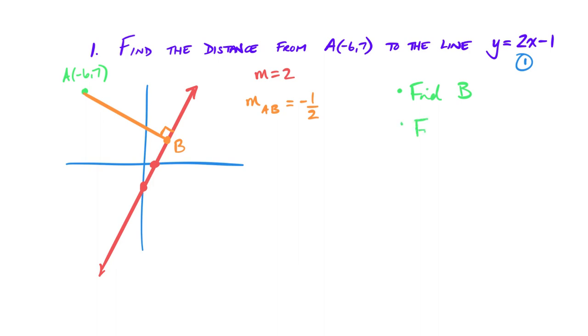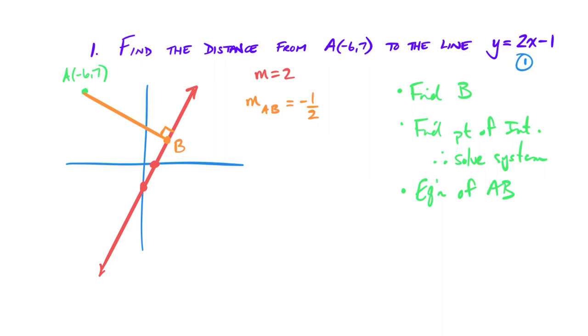That means I need to find a point of intersection. That means I need to solve a system. Well, for me to solve a system, that means I need my two equations, which means I need to find or build the equation of AB.